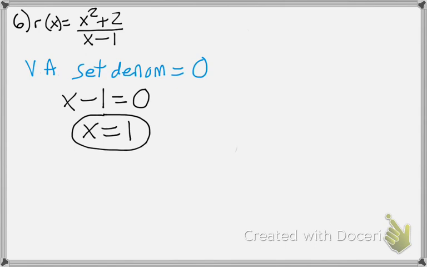To get the horizontal asymptote, we want to compare the degree. So the numerator has degree 2 because we see an x squared, and the denominator has degree 1 because it's just an x.